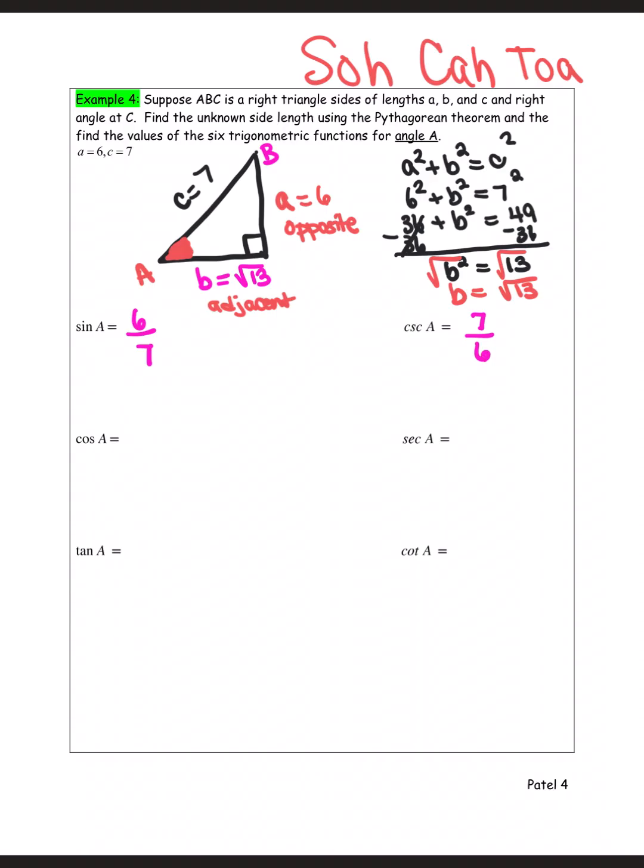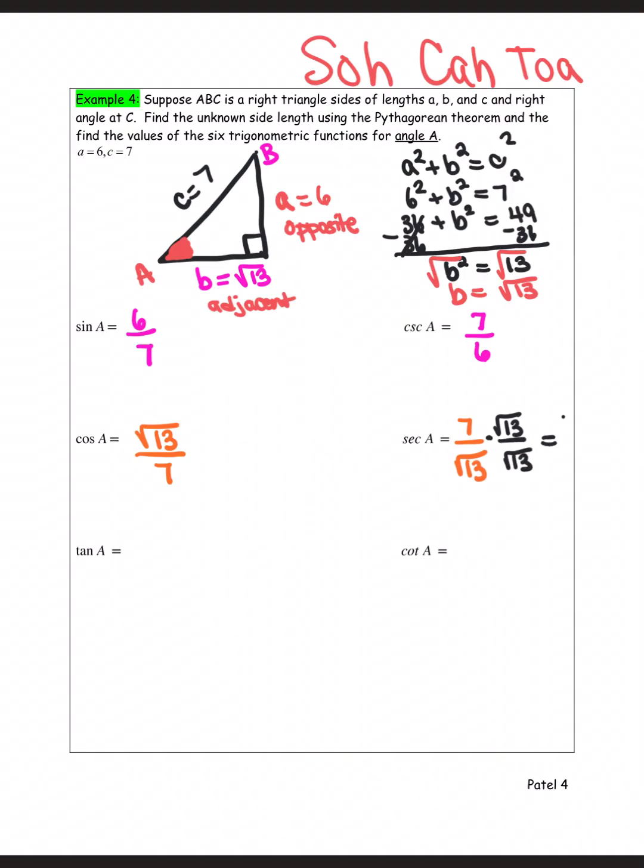Cosine of A is adjacent over hypotenuse. So adjacent to angle A is side B, which is square root of 13, over my hypotenuse, which is 7. So secant of A is the reciprocal of that, which is 7 over square root of 13. We do need to rationalize that. So to rationalize, we multiply the numerator and the denominator by whatever root is there, which is in this case square root of 13.